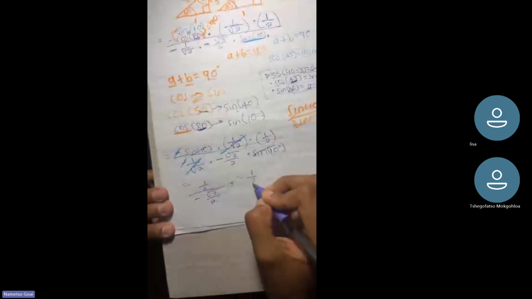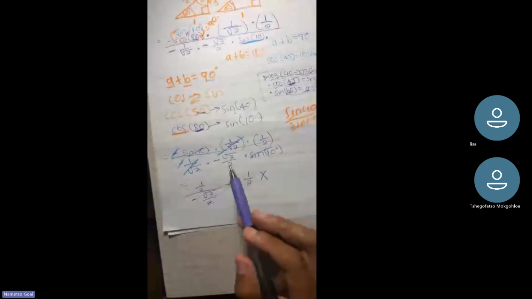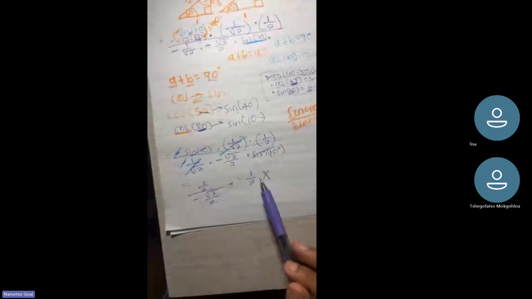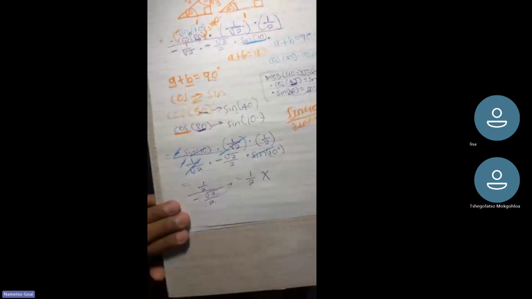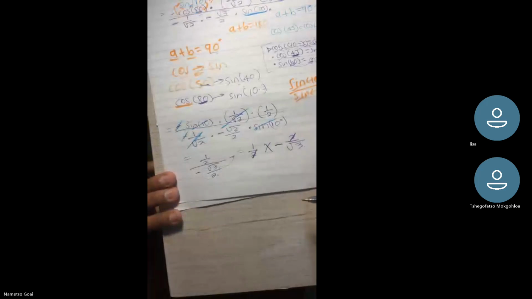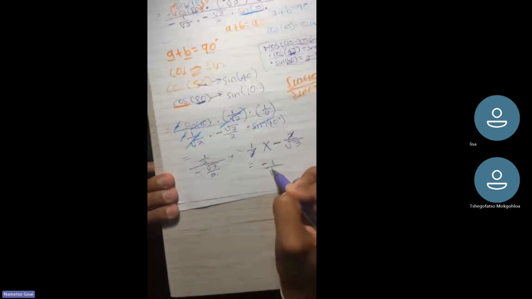So now we will have 1 over 2 multiplied by, and remember, when you bring it up to the top, it is no longer division but multiplication. So you'll have 1 over 2 multiplied by negative, don't forget, and remember we said we're going to swap them, so we'll have negative 2 all over root 3. These two will cancel one another. Do you agree? Yes, ma'am. So now you'll just be left with negative 1 all over root 3.